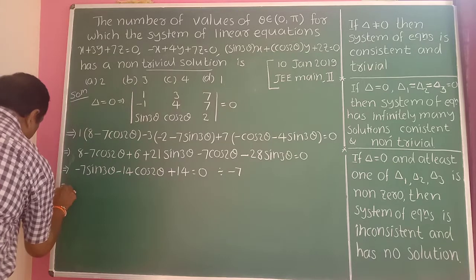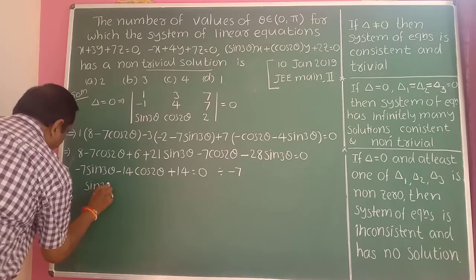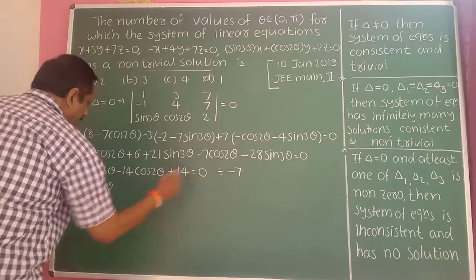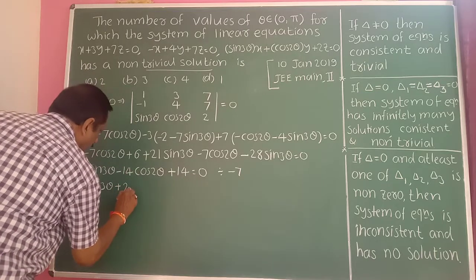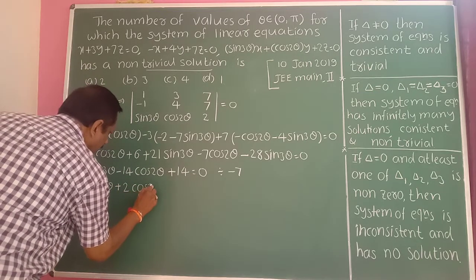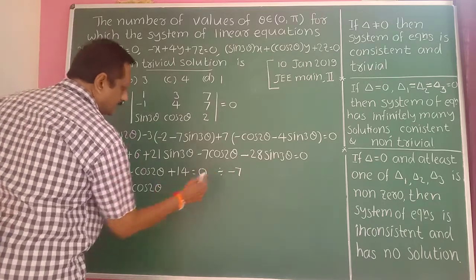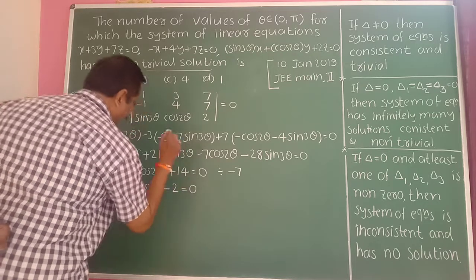So this implies sin 3 theta, keep as it is. Minus 7 cancels; minus into minus upon minus becomes plus, so 7 ones are 7, 2 into cos 2 theta. And plus 14 upon minus 7 gives minus 2, that is equal to 0.